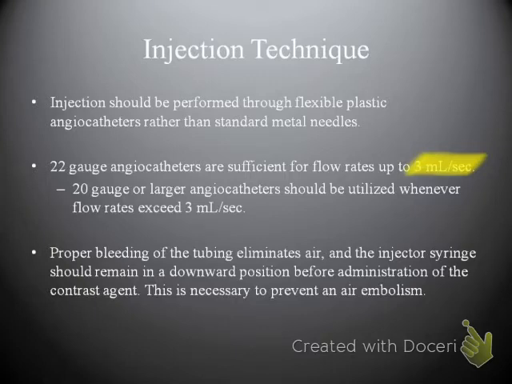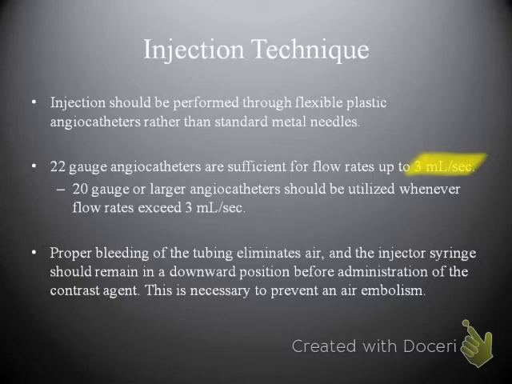That's what you really want to shoot for, because they allow flow rates to exceed 3 milliliters per second. Also, it'll decrease the amount of pressure that you need to exert, simply because you have a larger diameter there, and so your pressure rates will actually decrease as well.